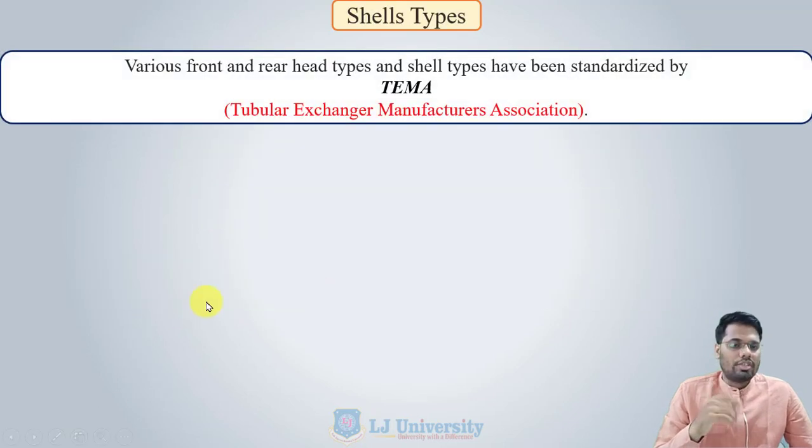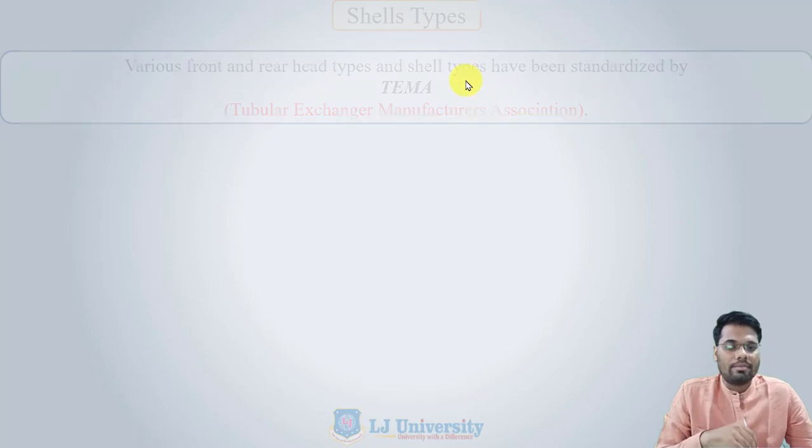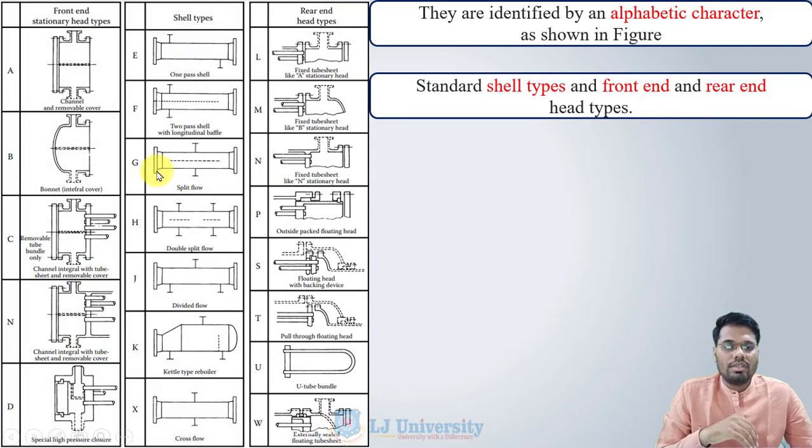Now there are different types of shell, but various front and rear head types and shell types have been standardized by TEMA. What is TEMA? It is the Tubular Exchanger Manufacturers Association, which gives the standard sizes of front heads, rear heads and shell types. This table shows the standard types according to TEMA.